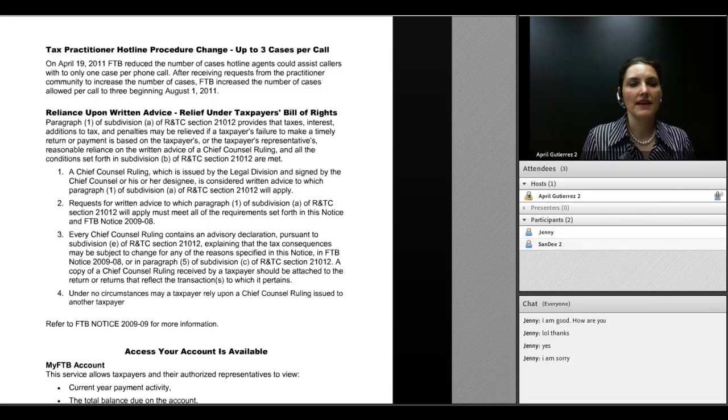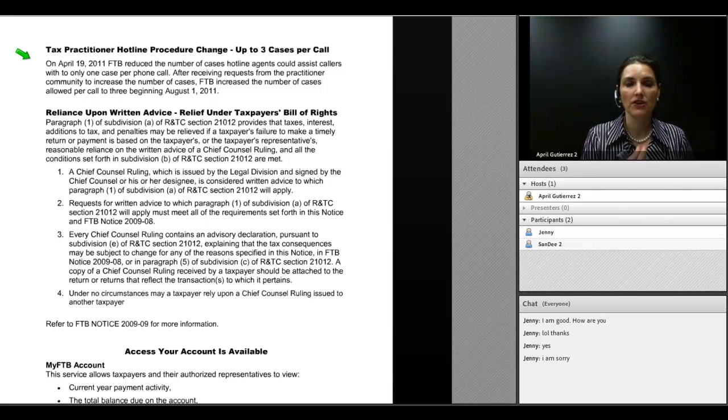California has a really great tax practitioner hotline procedure. They have a tax practitioner hotline, which I have used over the years, and I find it to be a very good service. And back in April of 2011, FTB imposed a policy that said the number of cases that an agent could handle for a particular caller was going to be limited to 1.